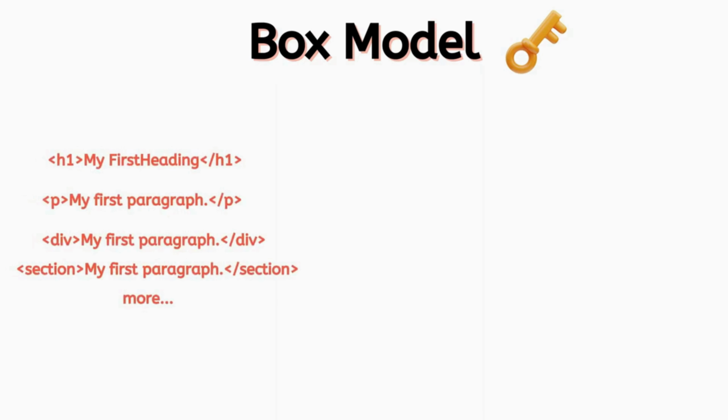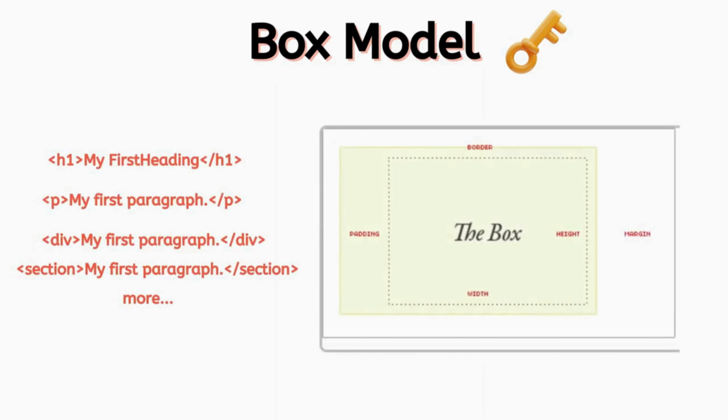Any HTML component can have a height, a width, a border, padding and a margin. All these CSS properties work together and are rendered in the browser, and it creates a box model. So now let's create a box model and try to understand the basics of CSS.